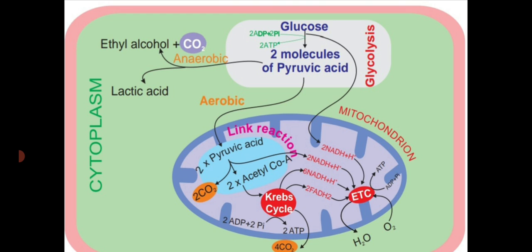In anaerobic respiration, these 2 molecules of pyruvic acid are converted into ethyl alcohol plus carbon dioxide and lactic acid. In aerobic respiration, these 2 molecules of pyruvic acid are converted into acetyl coenzyme A. Then this acetyl coenzyme A is used in the Krebs cycle.